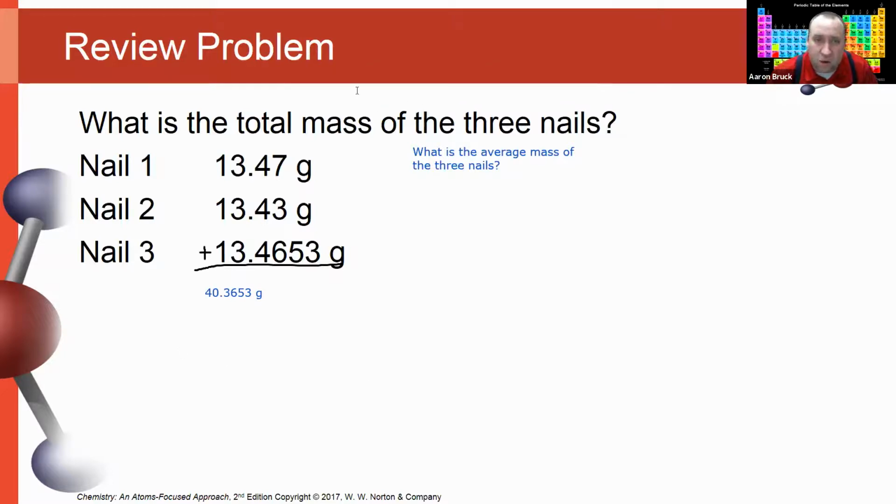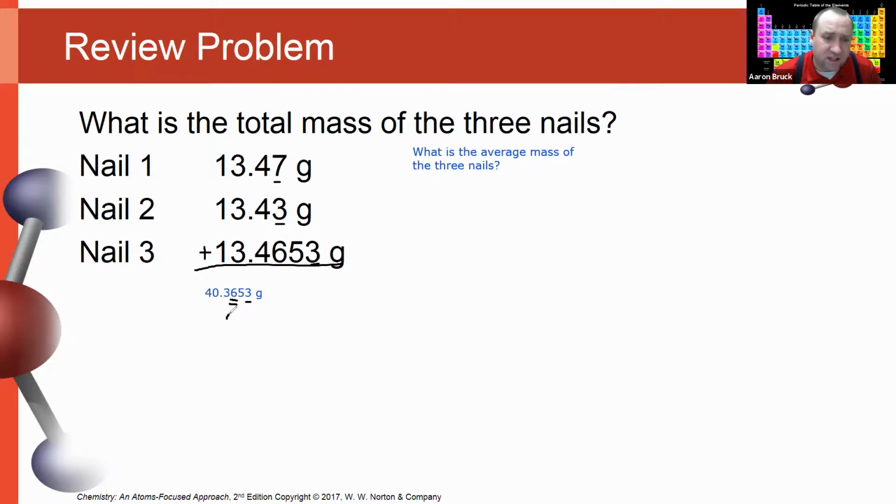And so, since I am adding here, I need to look at where those numbers come from. I can see that nail 1 and nail 2 are both known to 2 decimal places, whereas nail 3 is known to the 4th decimal place.